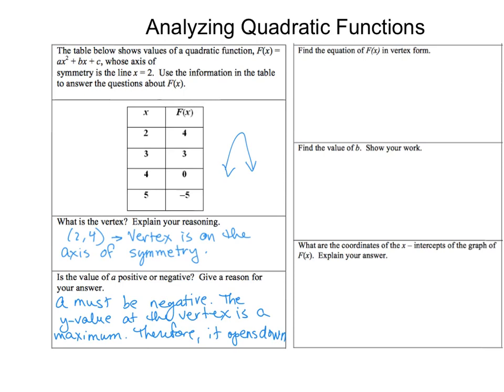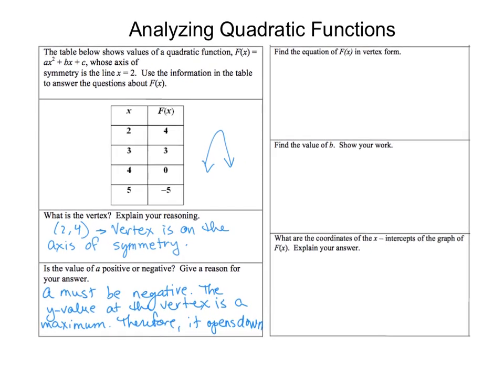Okay. Now, the next question asks me to find the equation of my function in vertex form. Well, I know what my vertex is, and I know what vertex form looks like. Let's make it f of x.